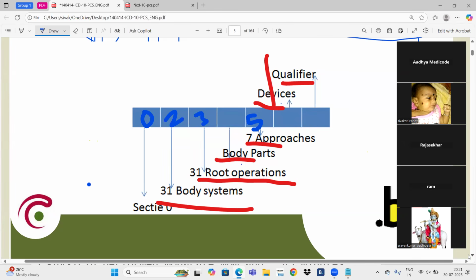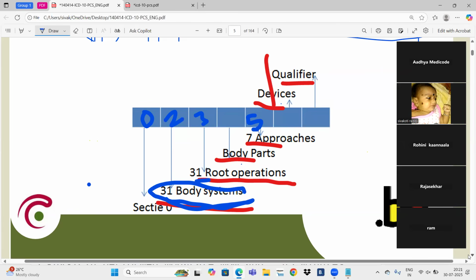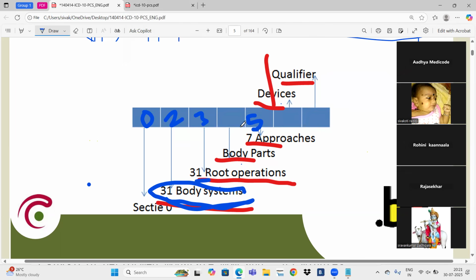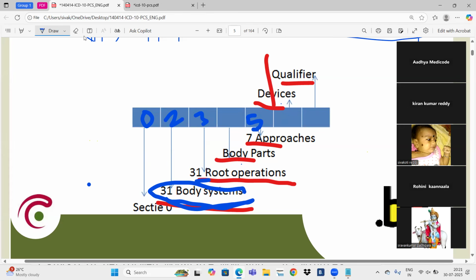So now we can discuss the body systems first. In total, how many body systems did they document? 31. So what is the meaning of body system? Organs, I think, anatomical systems, correct? Tell me some examples of body systems, whatever you know.